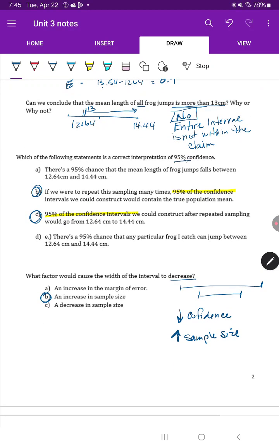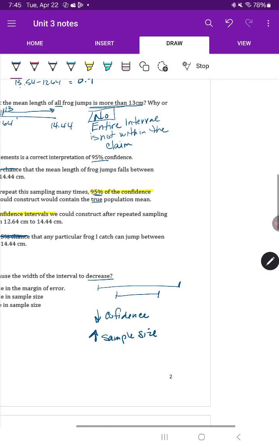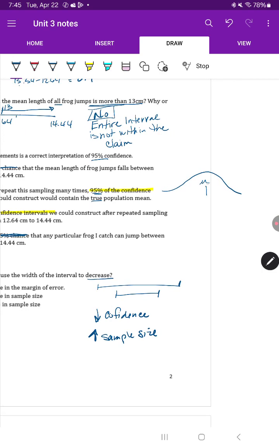So what does 95% confidence mean? It is not a chance. It is not a probability. We can say it two ways. If I did repeated sampling, 95% of those intervals would contain the true population mean. If you remember the notes, we had this as our true population mean, and then these were all of our samples.